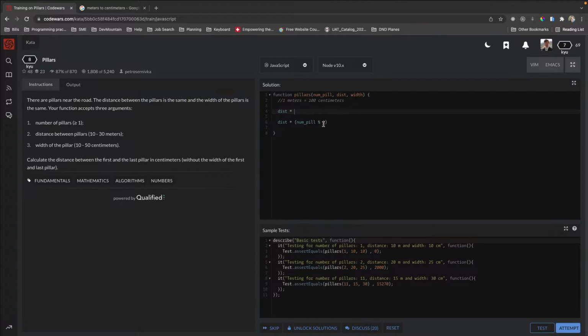So we could say number of pillars minus 1, plus width. If my math's right.